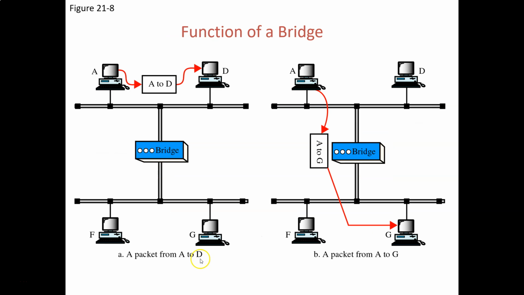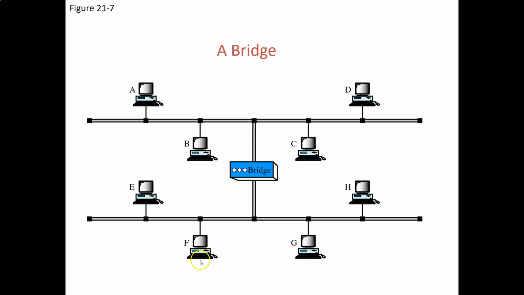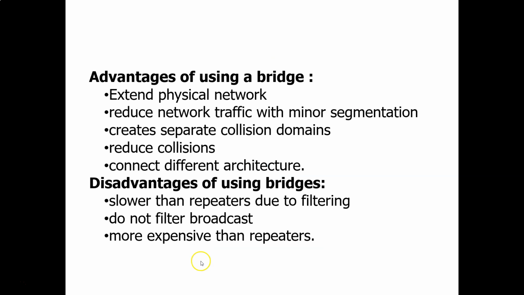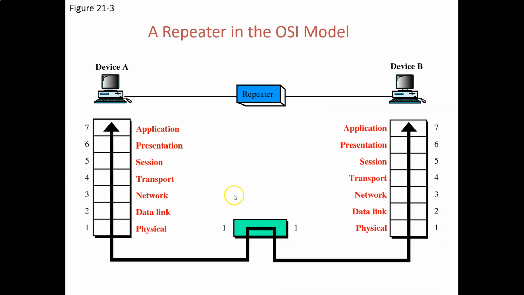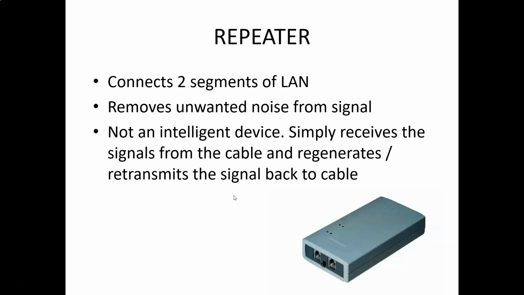Next we will see the repeater. The repeater connects 2 segments of a LAN. As I said, compared with the OSI, it is only the physical layer. What is the function of the physical layer in OSI? It transmits the data in the form of bits over a communication cable.